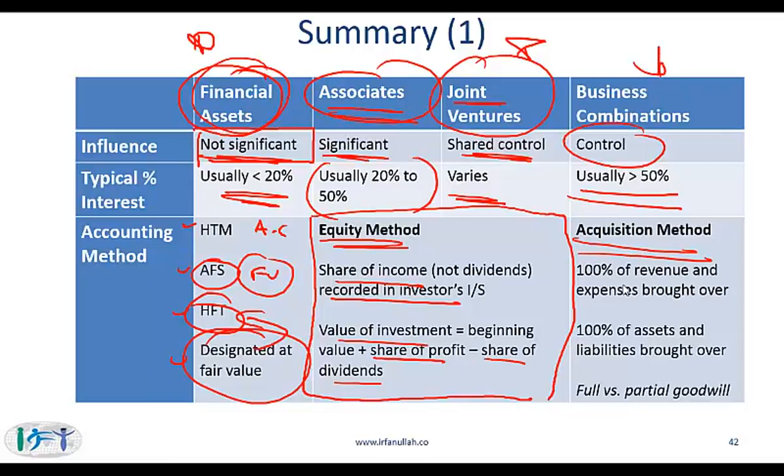So all the revenue of the investee needs to be brought over, and all the expenses. On the balance sheet, all the assets and all the liabilities need to be brought over. The little caveat is with regard to goodwill, and there are two subcategories. One is called the full goodwill approach. The other is called the partial goodwill approach.